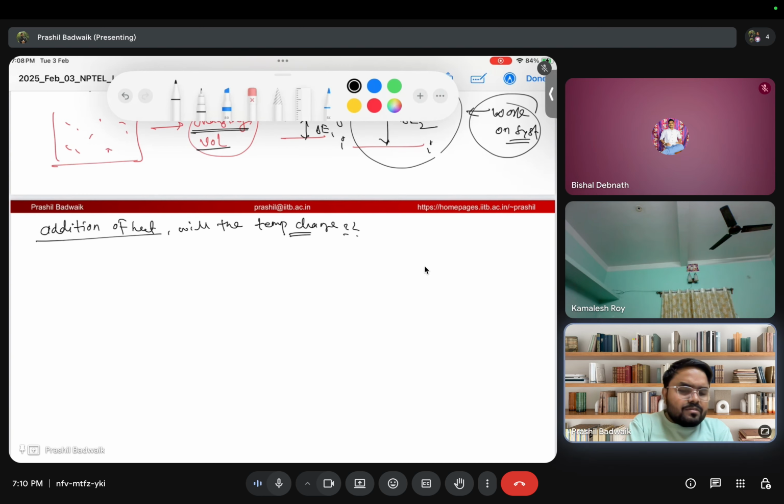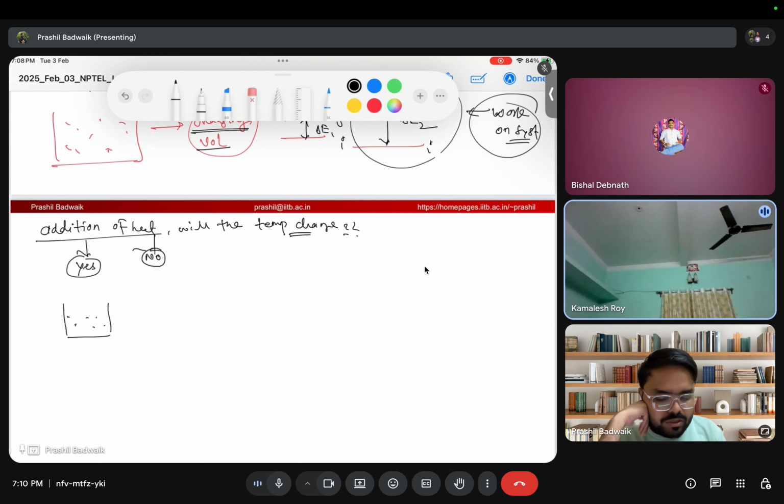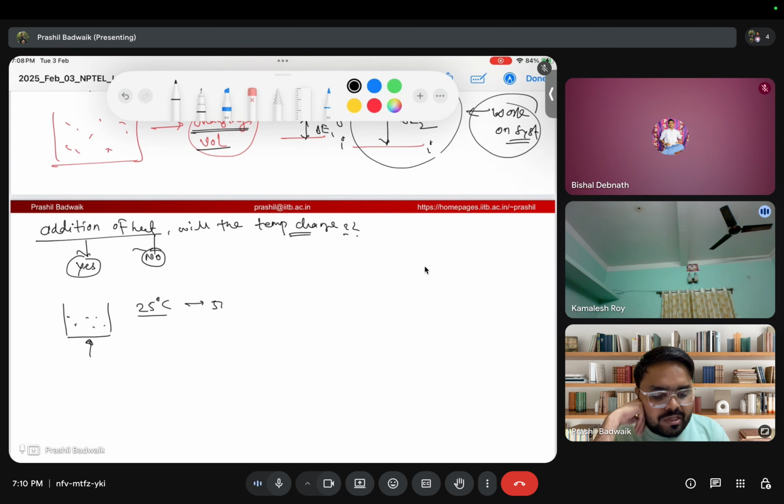Without doing any calculations, for example, I have a cooker and again I'm using water. I'm heating the system. What will happen? If I'm adding heat into the system, earlier it was at 25 degrees Celsius, now the temperature will increase to 50 degrees Celsius.